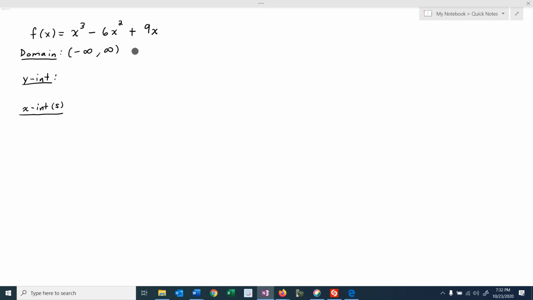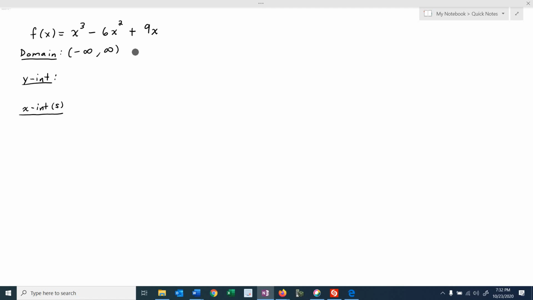Another possible restriction would be if you have square roots in your function, or in fact any even root for a radical, because we can't take the square root of a negative number, or the fourth root of a negative number, or the sixth root of a negative number. For any even radical, you need to make sure that the radicand is greater than or equal to 0. So that's another possible way of restricting a domain.